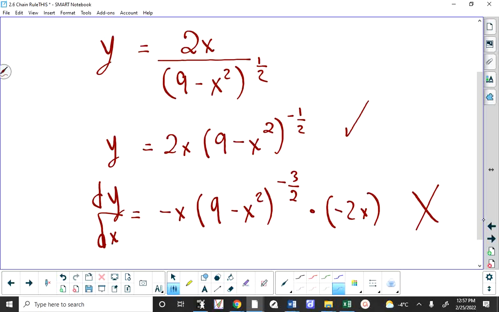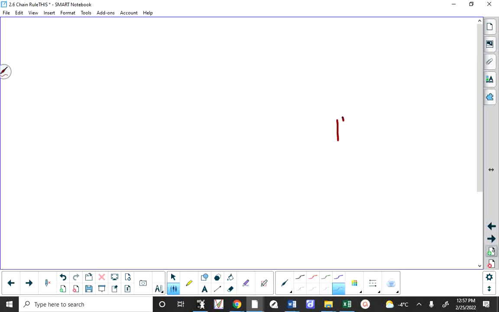Why can I not multiply that exponent by what's in front, rewrite the base, and drop 1 from the exponent? The reason is that that rule only works when you have a number times a variable to a number. You're allowed to do that. That's the power rule.